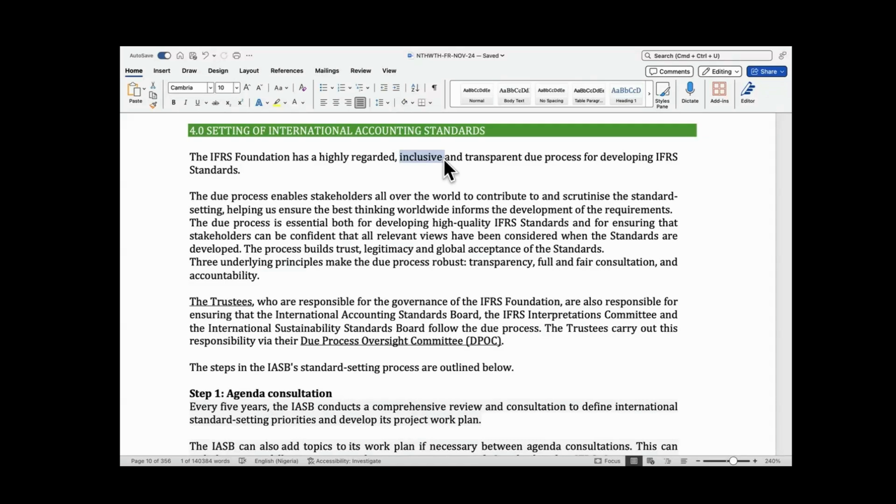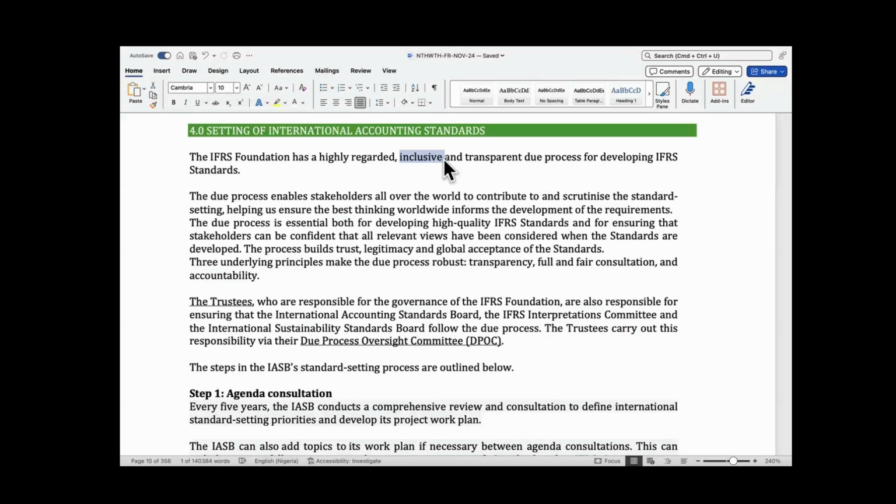They ensure everybody is involved. So when they are developing accounting standards, they will be throwing questionnaires back and forth. They want to hear from you. They use the wisdom of the public. Everybody is seeing the step-by-step of how the standard is developed.